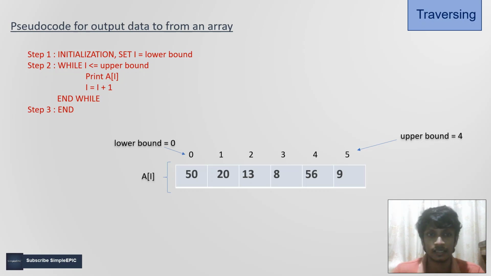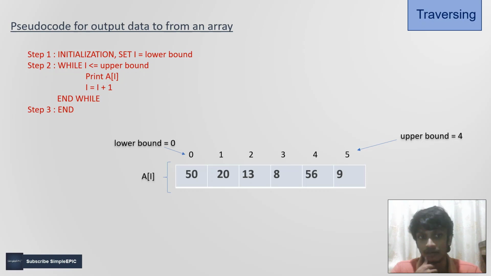So basically this program will run 6 times, because it contains 6 elements. So 6 times that corresponding value should be printed.